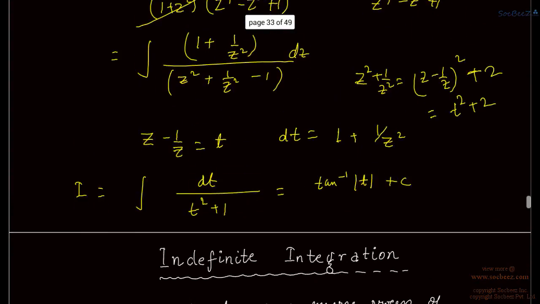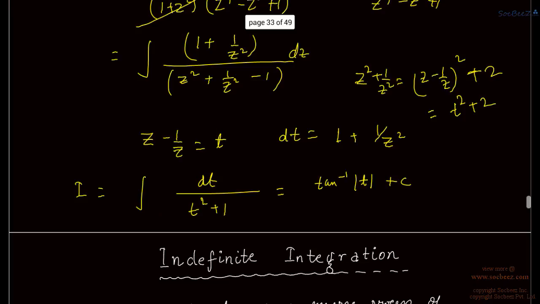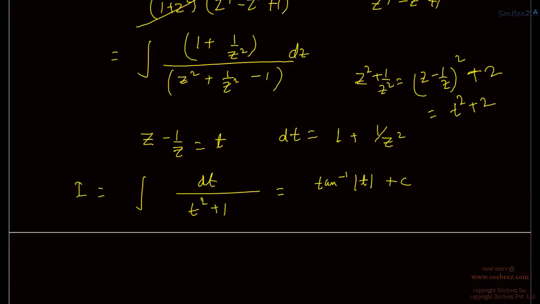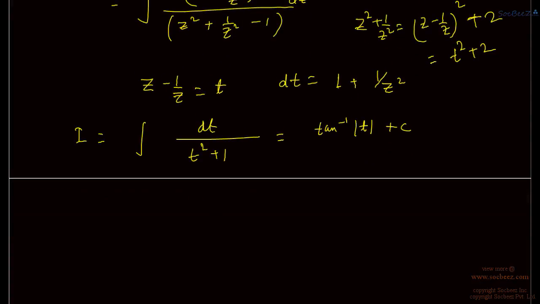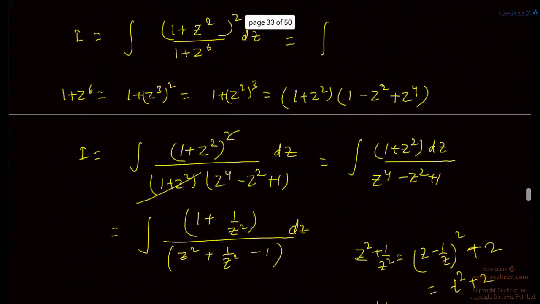Now let us do the substitution further. Now doing back substitution, we have the value of t is tan inverse of z minus 1 upon z plus c, and the value of z we have substituted as tan x.